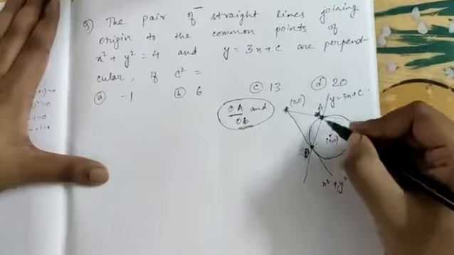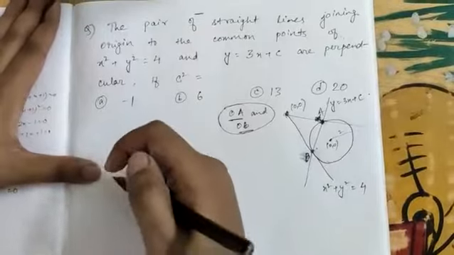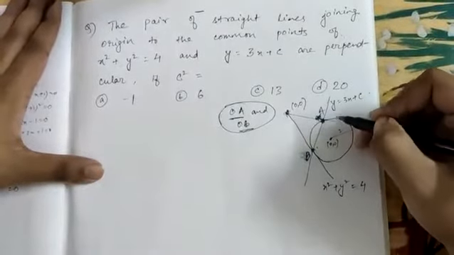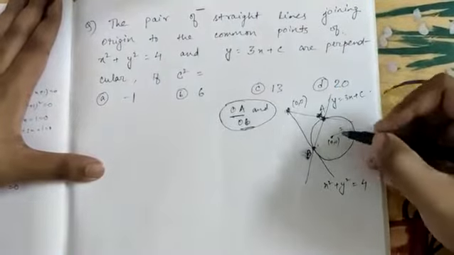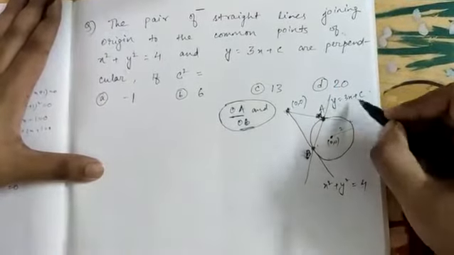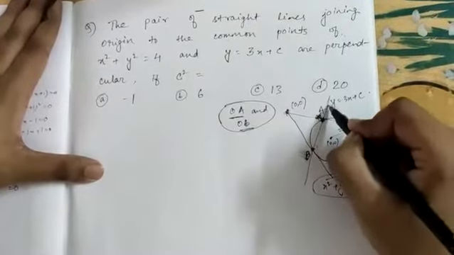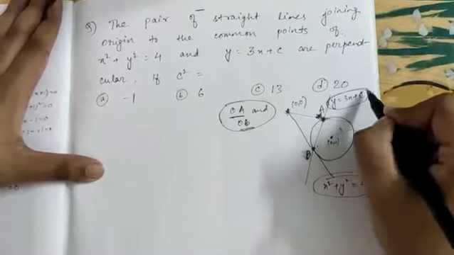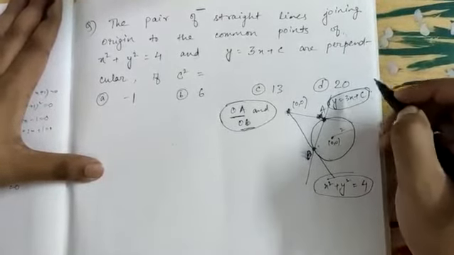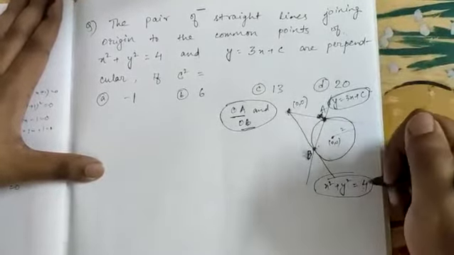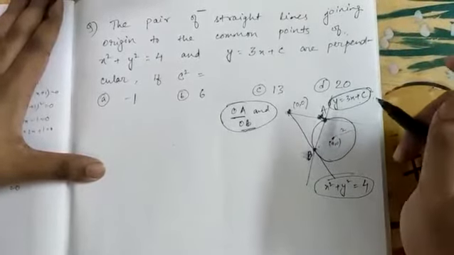Okay, so what can I do here is there is some step to find the pair of straight lines passing through the common points of two given curves. Suppose my curve 1 is the equation of the circle and my curve 2 is y equal to 3x plus c. Here it's given one circle and one straight line, but there can be cases where this will be a circle and a parabola, or a circle and an ellipse, whatever.